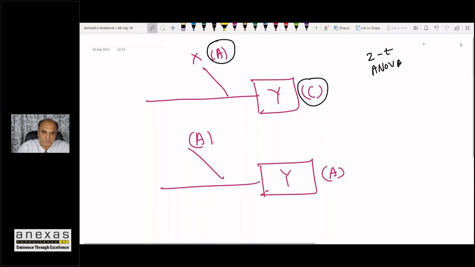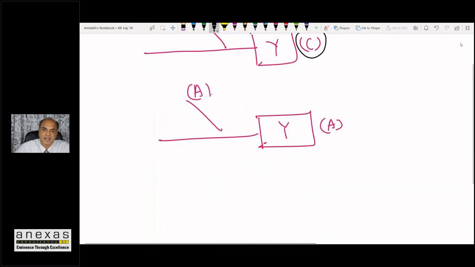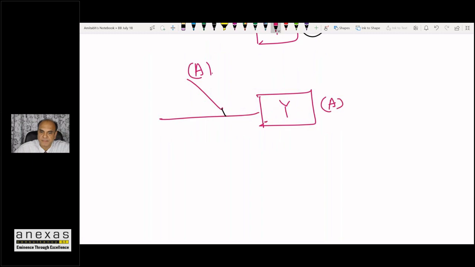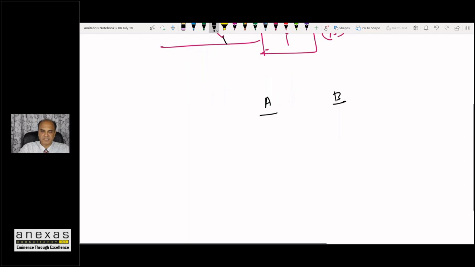Now, what happens with attribute and attribute? Attribute and attribute is something like errors, mistakes, defects. Let us take an example. There are two nurses, nurse A and nurse B, in a vaccination center for COVID-19.